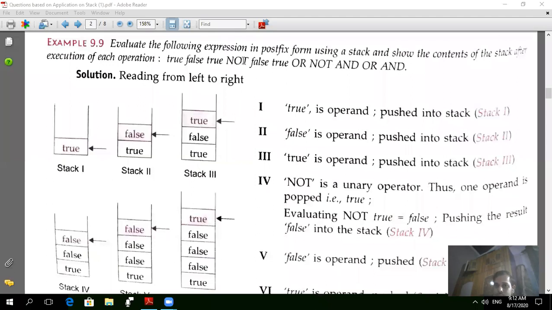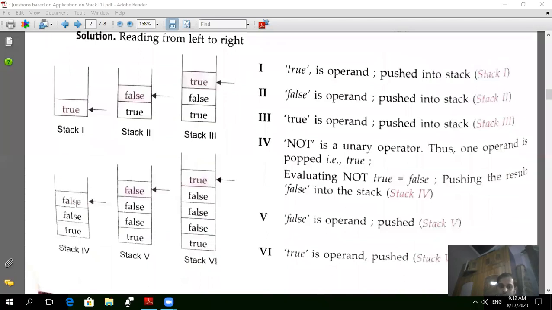Once we get not, which is a unary operator, it requires only one operand at a time. So we have to pop the topmost element from the stack. This is true. True will come out, and not true means false.